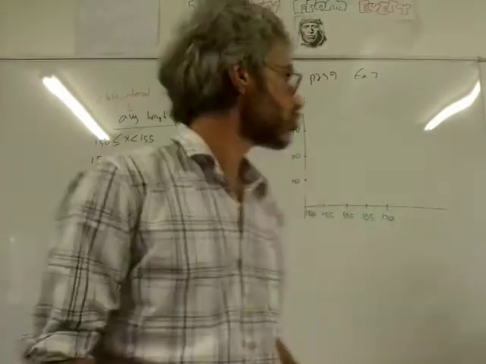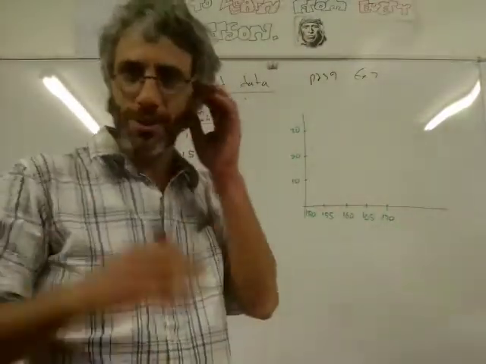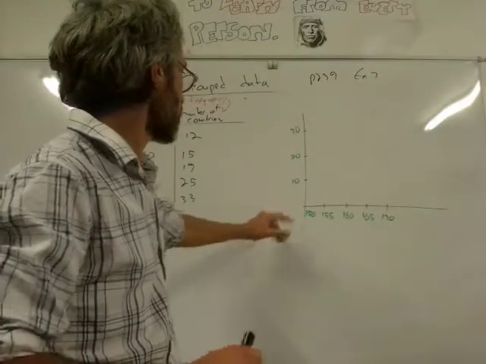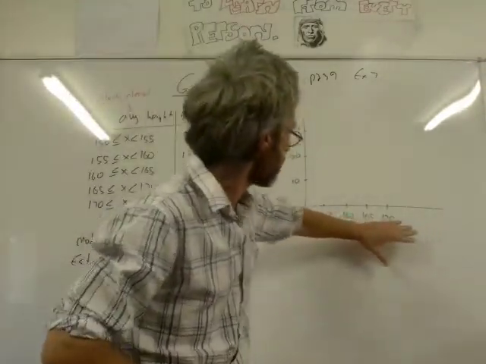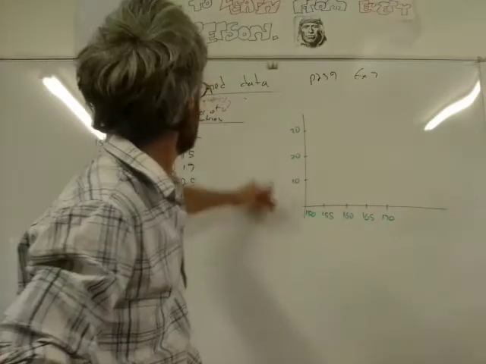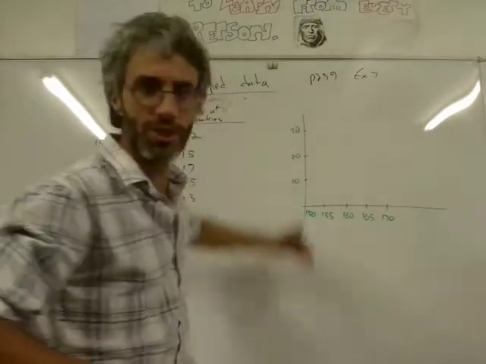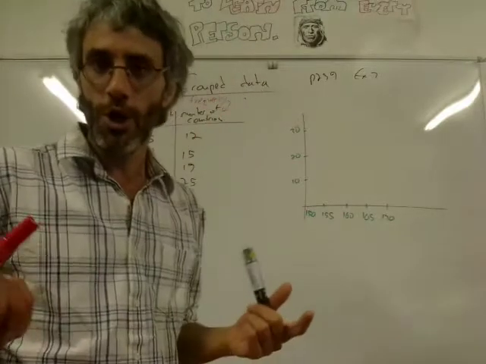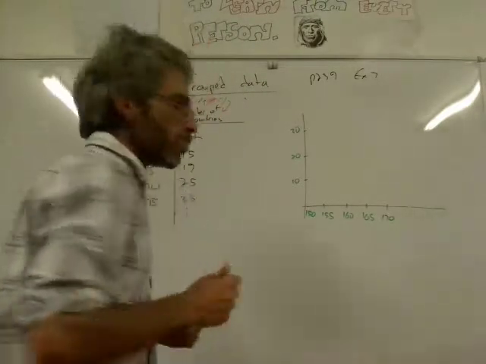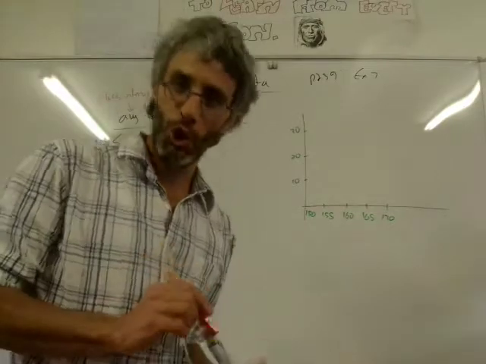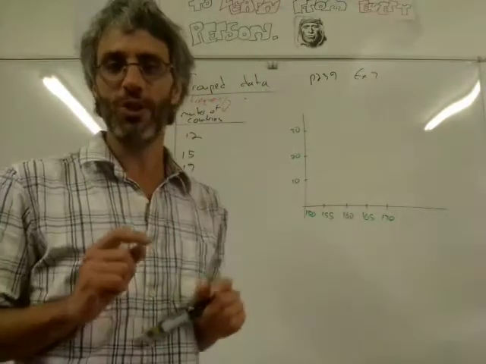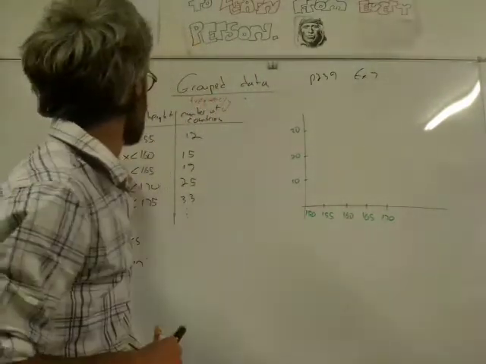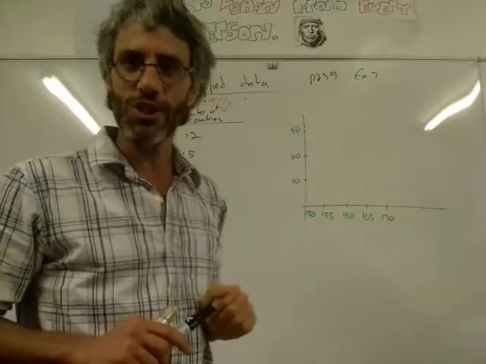Now, if we were going to draw graphs, which we're not, but I'll just quickly go through it, we will have the average height class intervals here and the frequency over there. Then we start drawing bar graphs. Would the bars touch each other or not? Because it's continuous data, they need to touch each other.